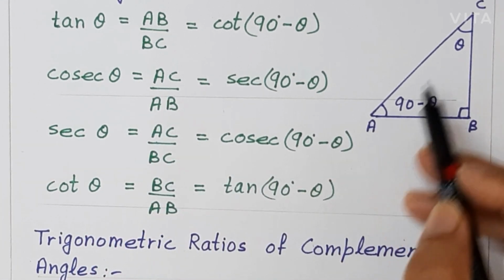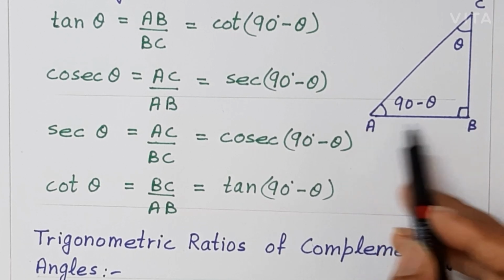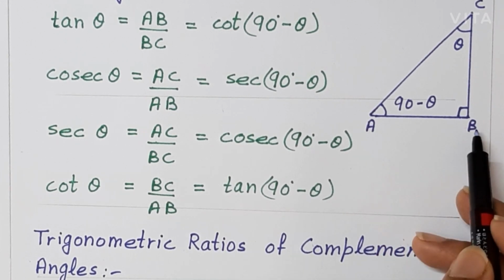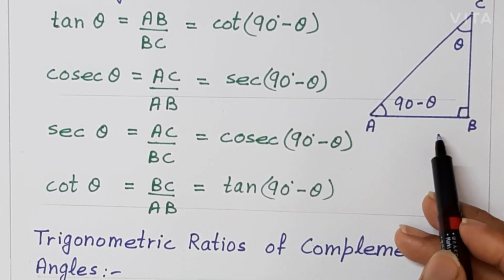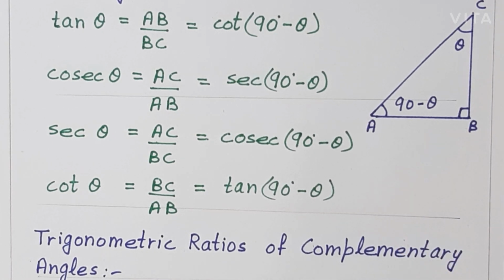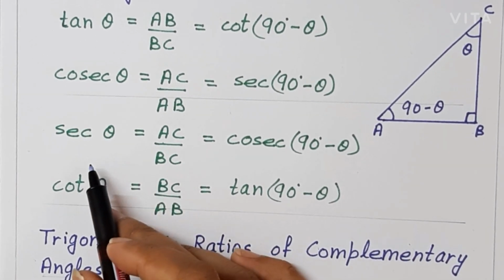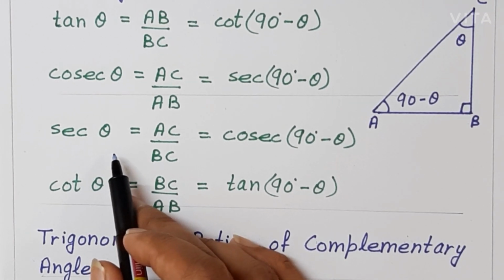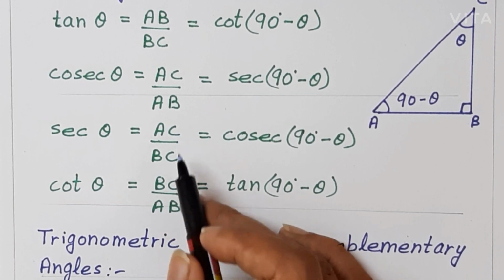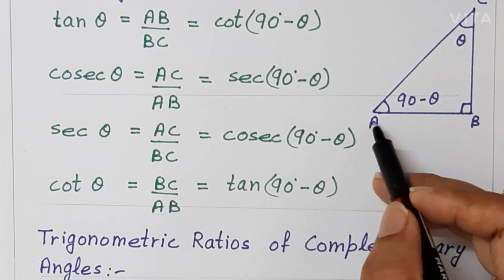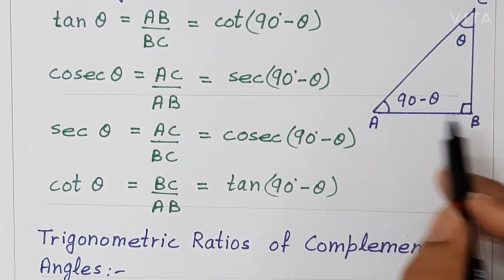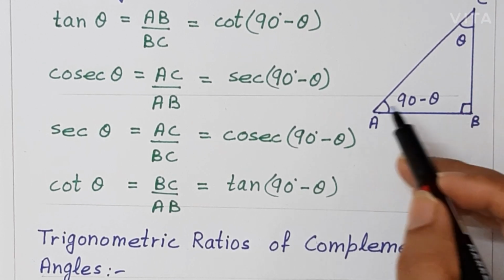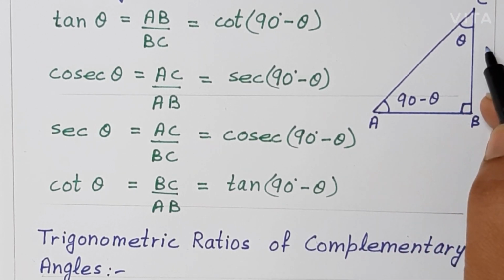And the next one is cosecant theta is equal to AC upon AB. Now what is AC here? Hypotenuse, and AB is your base, or you can say the side opposite to theta. Now next is secant theta. What is secant theta? Secant theta is equal to AC upon BC. Here AC, that is hypotenuse, and BC is the side adjacent to theta.